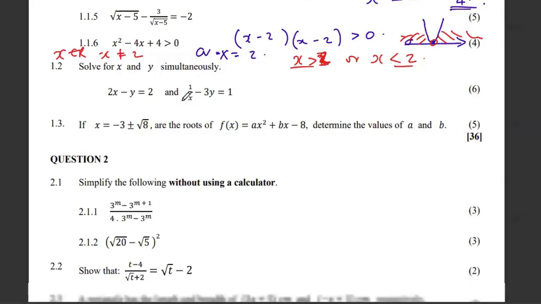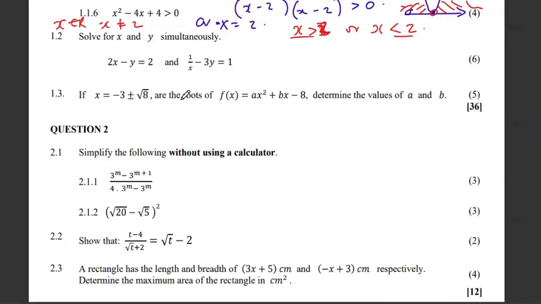Okay, and then 1.2, solve for x and y simultaneously. So from equation 2, I'll make y the subject, move it that side, meaning that y is going to be 2x minus 2. Call this equation 3.